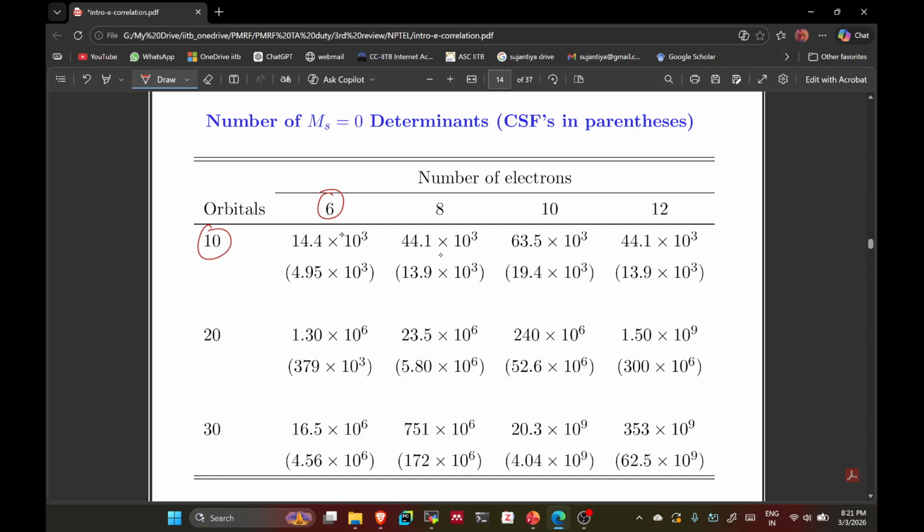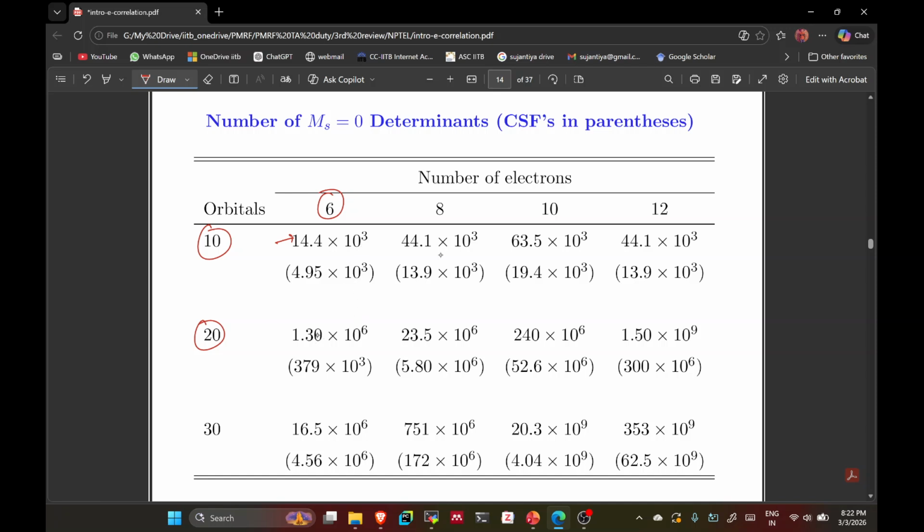Taking all the possible combinations, irrespective of the S squared symmetry, you have 14.4 times 10 to the power 3. Okay, that is manageable.